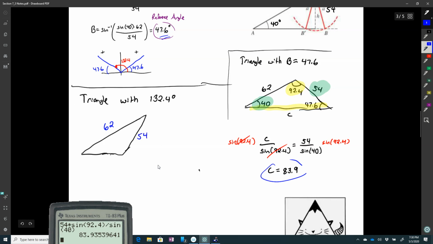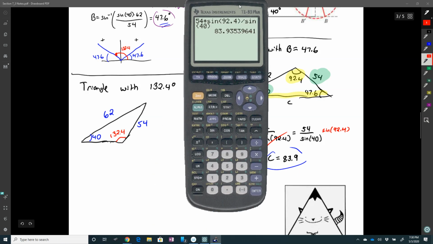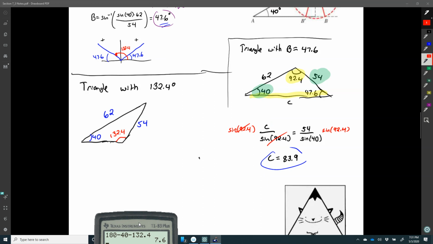I know this is 54. I know this is 40. Okay, and I know that this is 132.4. So right off the bat, I can figure out the missing angle. 180 minus 40 minus 132.4. 7.6. So this missing angle is 7.6. So all the angles are solved for.